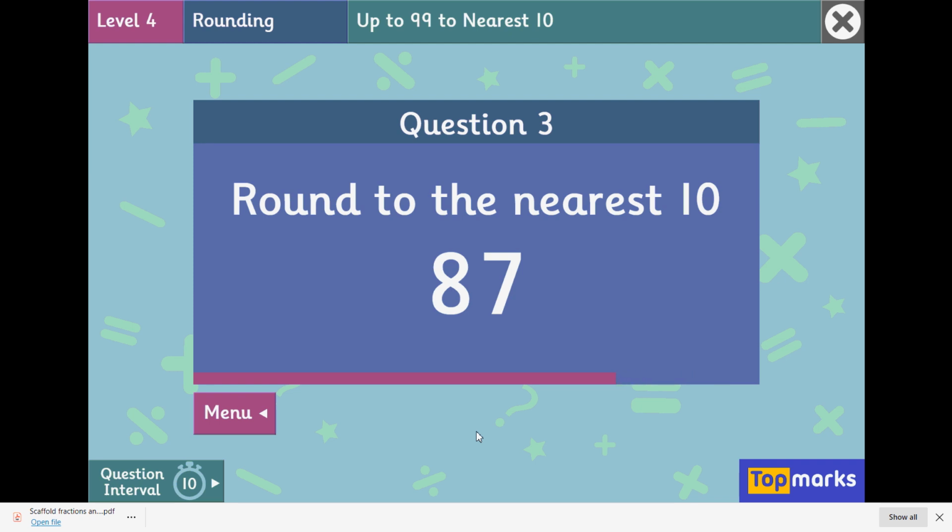Round to the nearest 10, 87. Round to the nearest 10, 27. Round to the nearest 10, 77. Round to the nearest 10, 85.